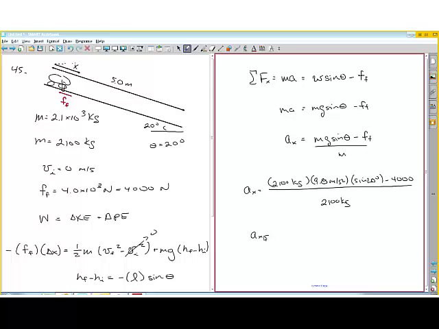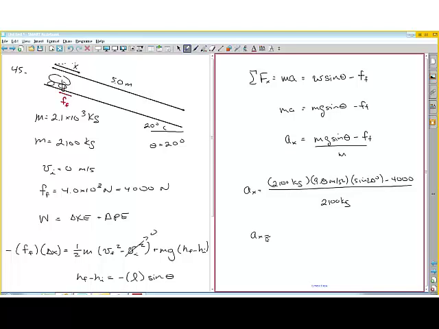And the acceleration should be positive, but it's going to be less than 9.8 meters per second squared, because if it's vertical, it would be 9.8 meters per second squared without any friction.